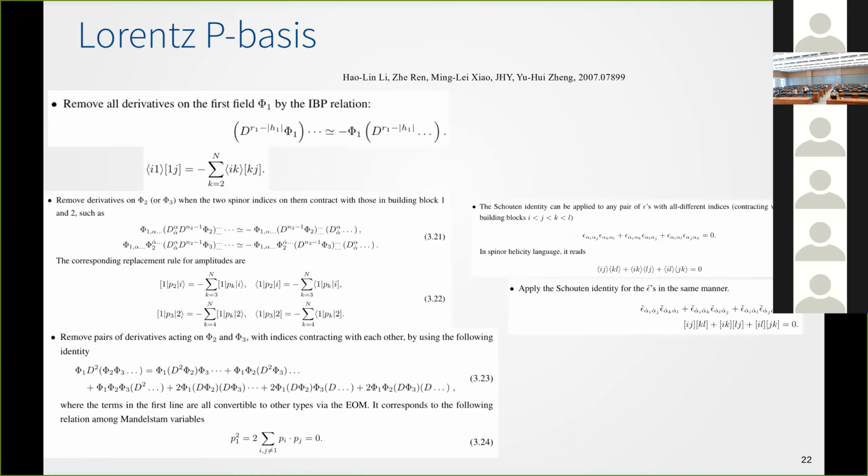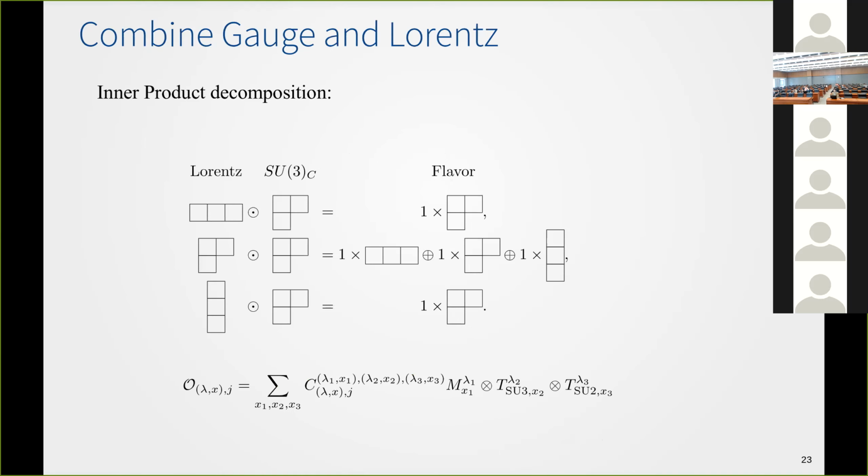And once you obtain the symmetrized gauge and Lorentz group factors, then you can obtain the P-basis operator with a definite permutation symmetry just by gluing the proper gauge and Lorentz group factors with permutation symmetry properly through the CG coefficients of the symmetric group.